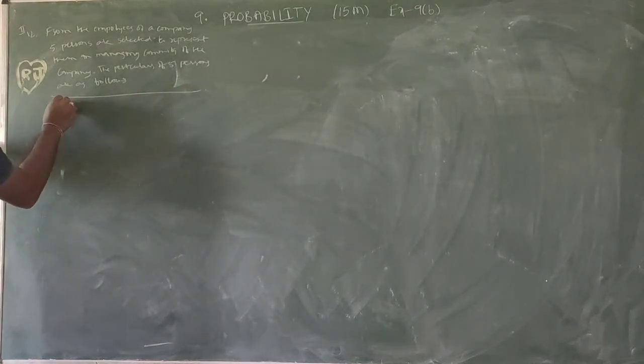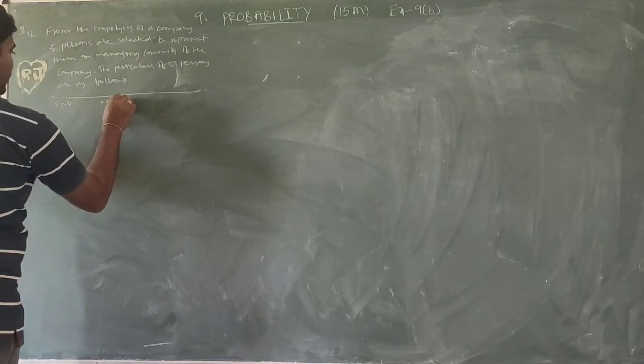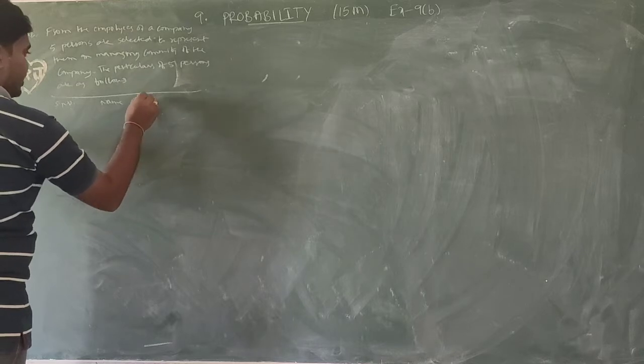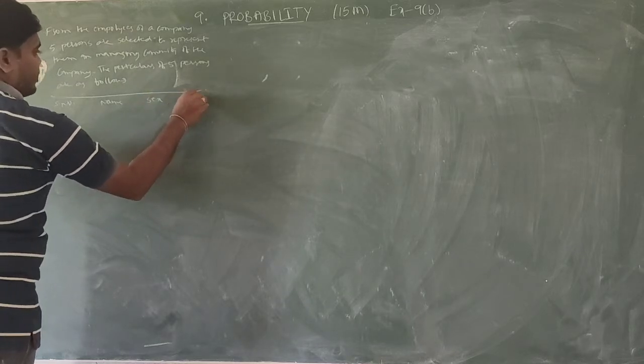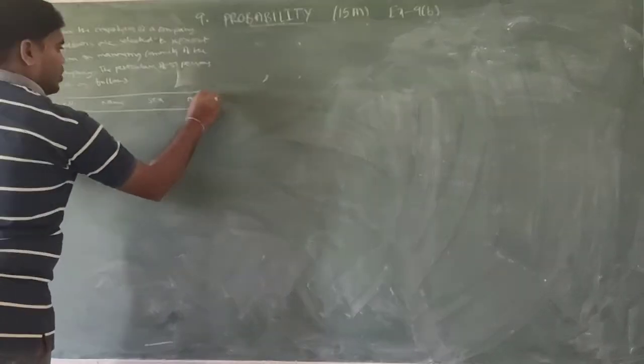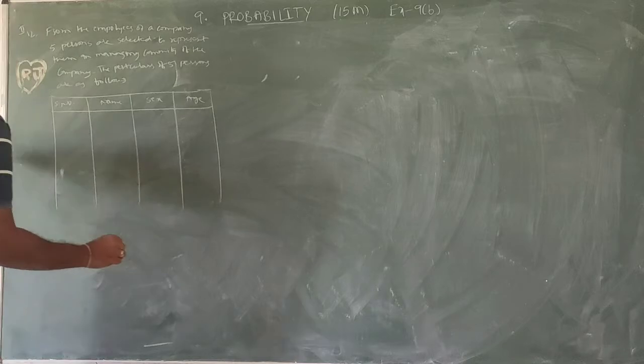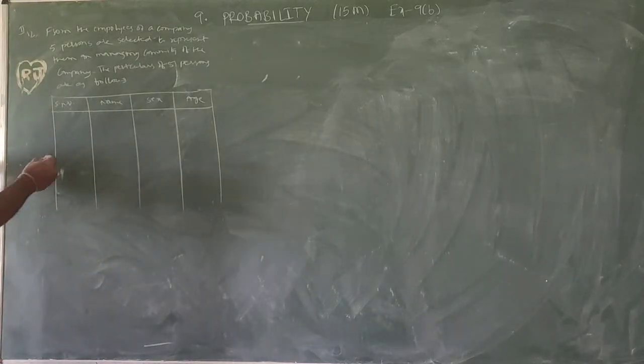Serial number, name, sex, age. 1, 2, 3, 4, 5.